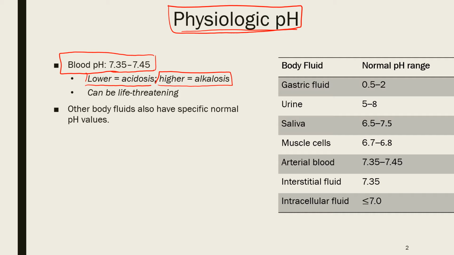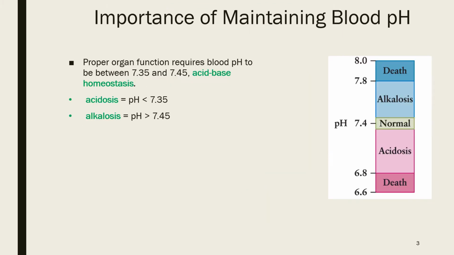Other body fluids also have specific normal pH values, and these values are shown in this table. In the human body, proper organ function requires a blood pH value to be between 7.35 and 7.45. pH is maintained in human bodies by a process called acid-base homeostasis.